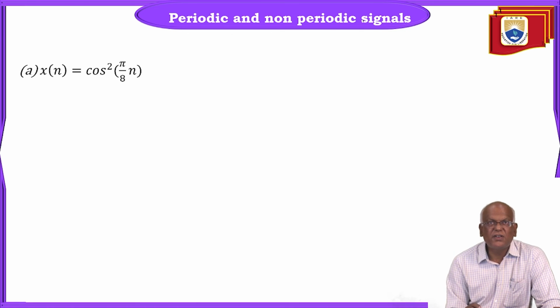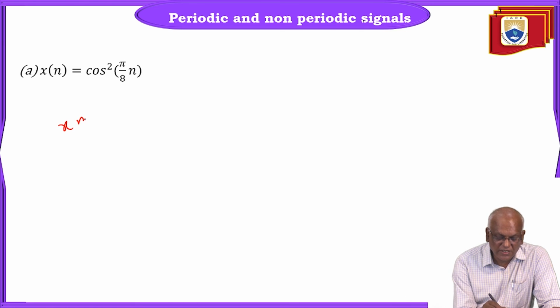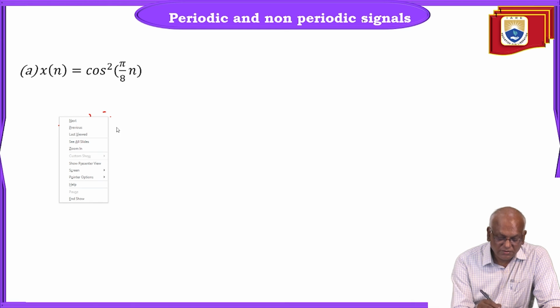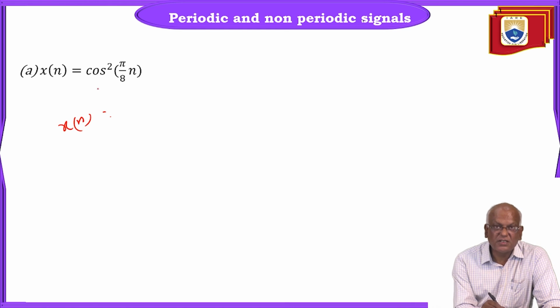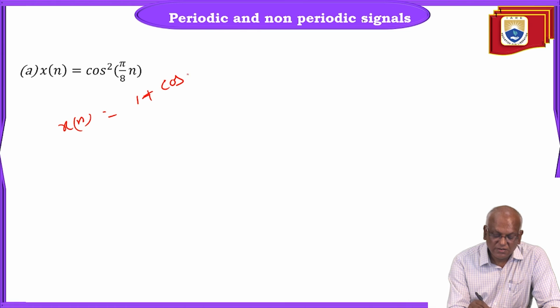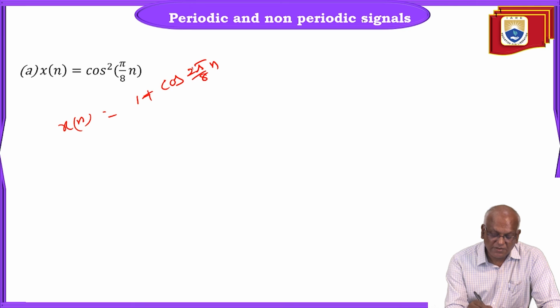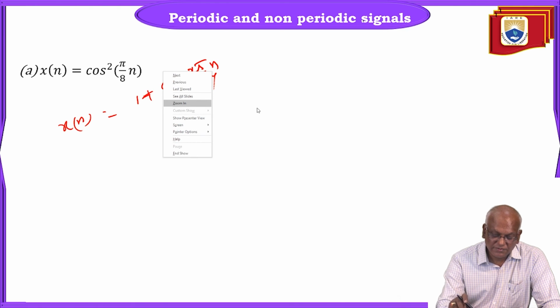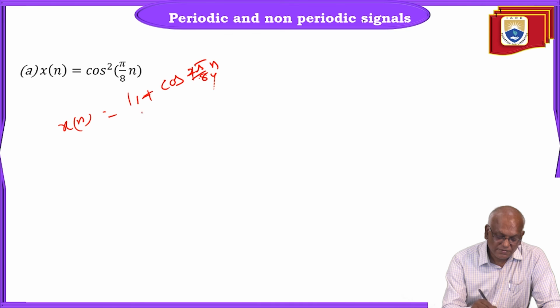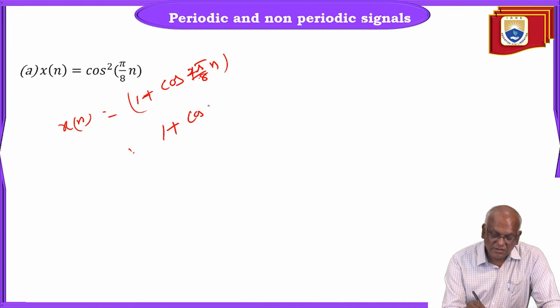Now we can take x of n, which can be written as cos square pi by 8 n, which is 1 plus cos 2 pi by 8 n, nothing but pi by 4, 1 plus cos pi by 4 n, whole divided by 2.